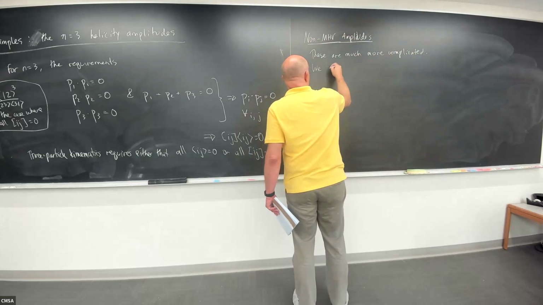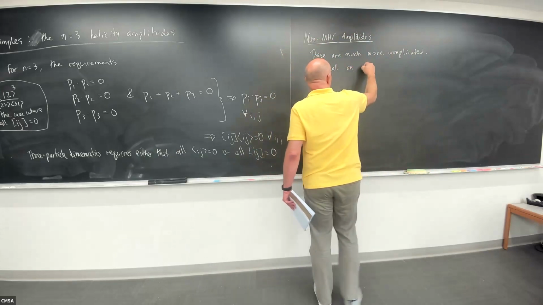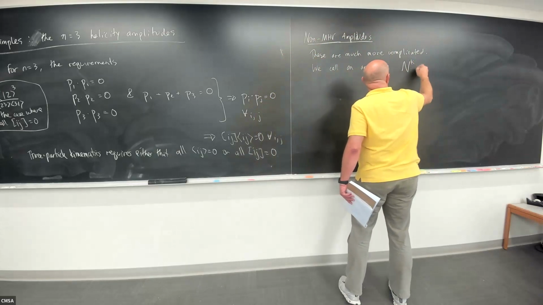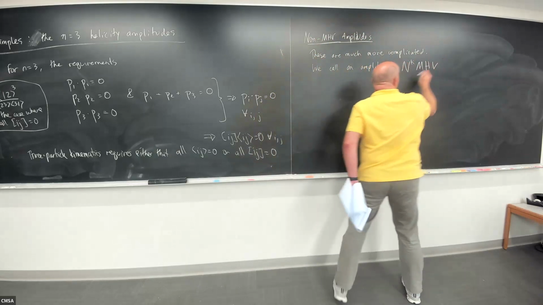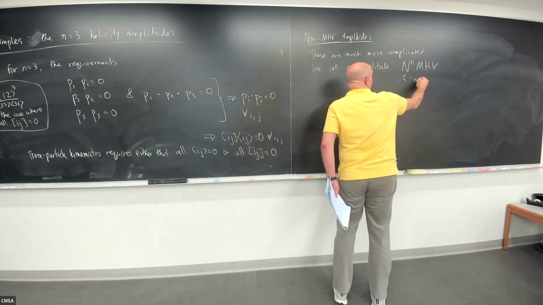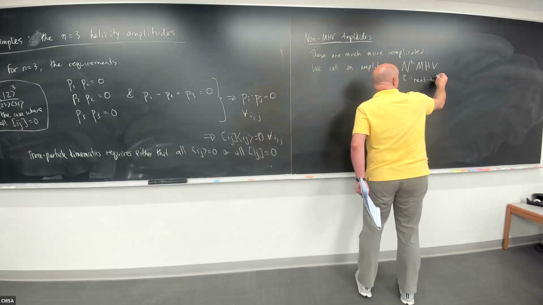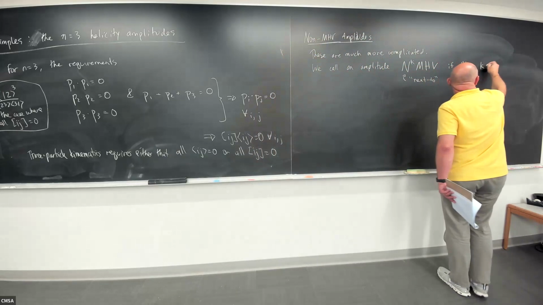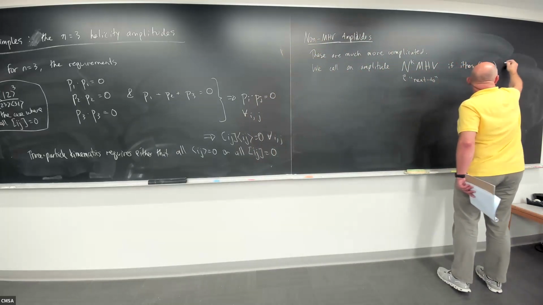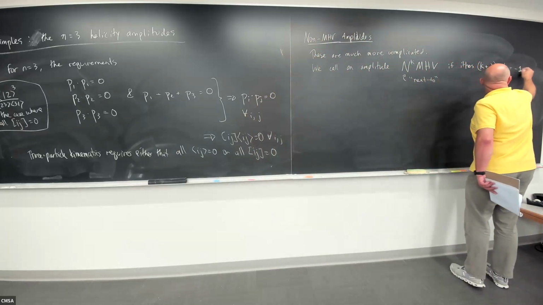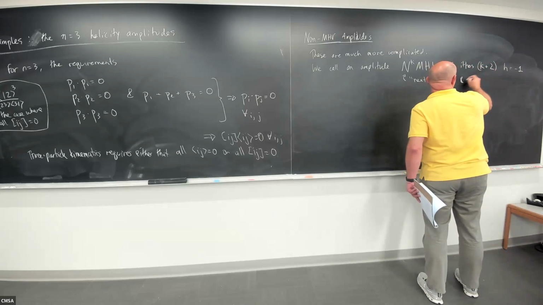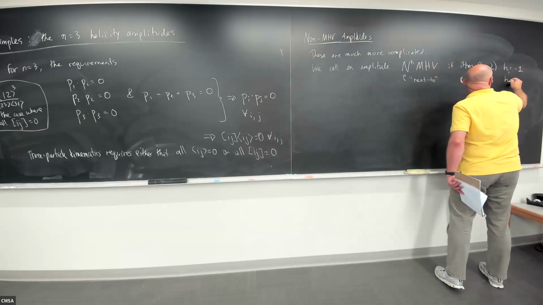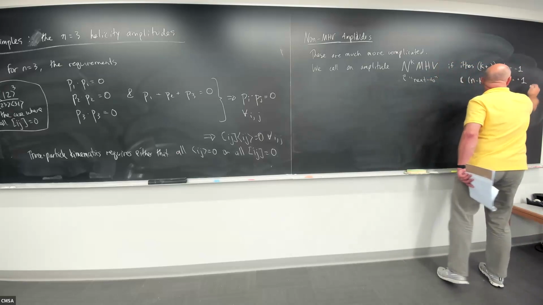We call an amplitude NK MHV, where this N stands for next to, if it has K plus 2 helicities minus 1 and N minus K minus 2 helicities h_i equals plus 1.